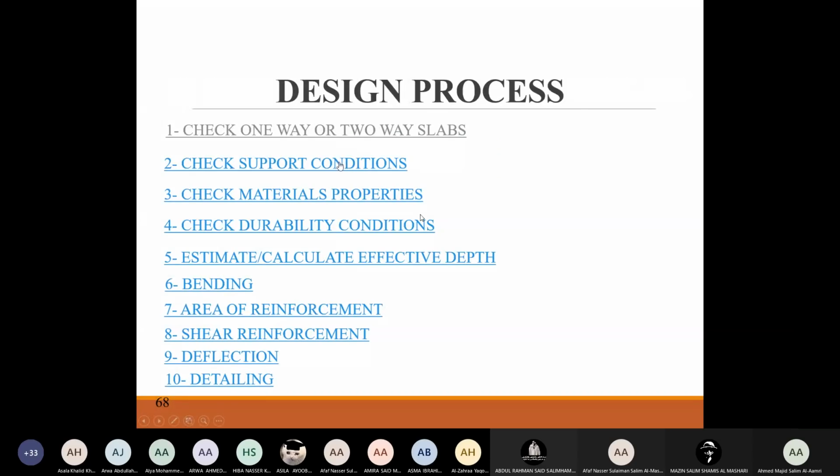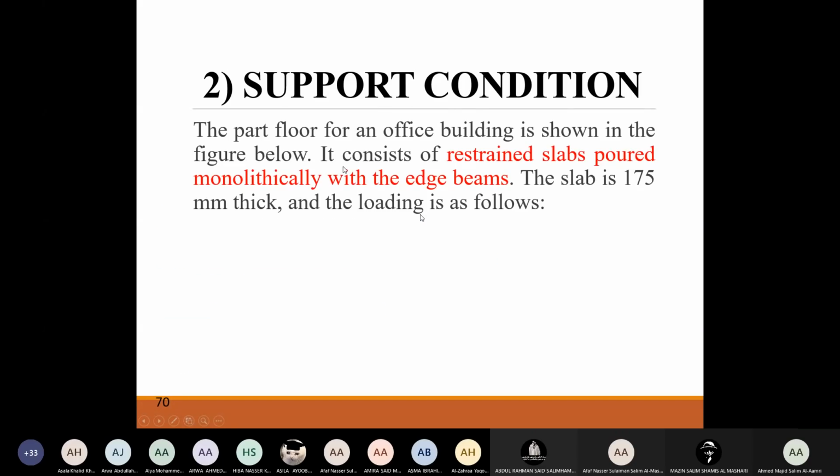Right. The next step is to check the support conditions. Now, going for the support conditions, we said it's a two-way slab, so it's either going to be simply supported or it's going to be restrained. Okay, it's going to be restrained. Once again, if you go to your construction site, you will always see that the beams and slabs are poured together when it comes to inside construction.